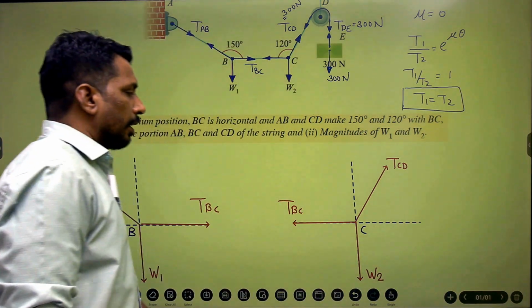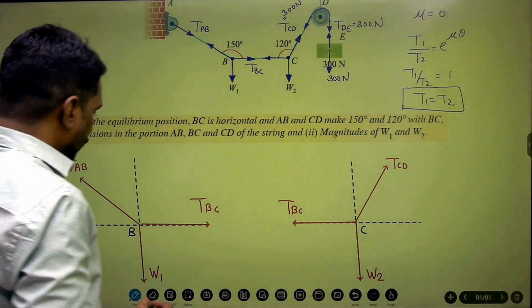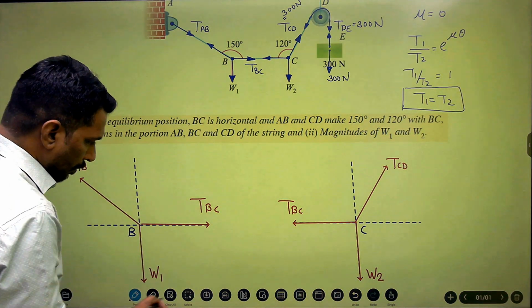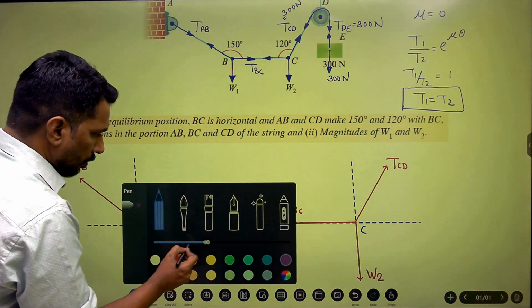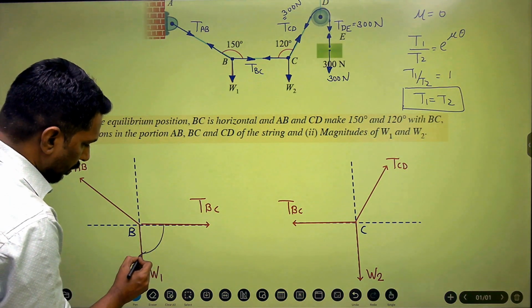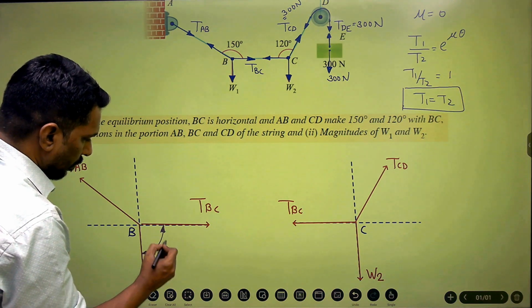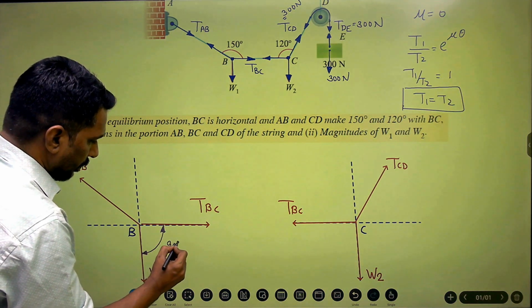Now we'll calculate the angles one by one. So the angle between these two is 90 degrees, which you can find by observation only. So this is 90 degrees.